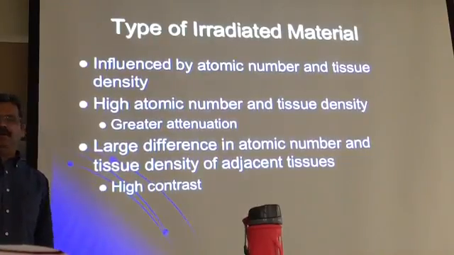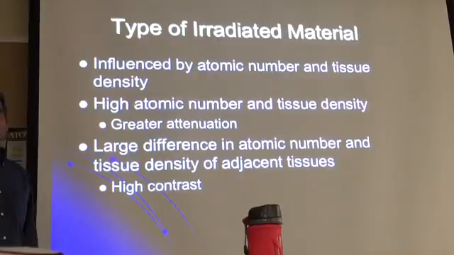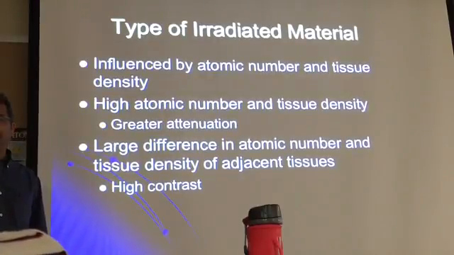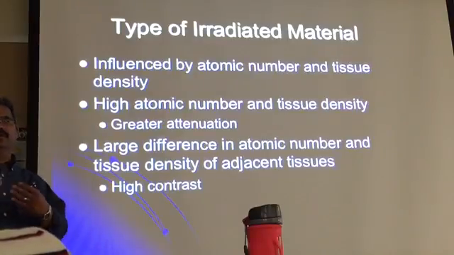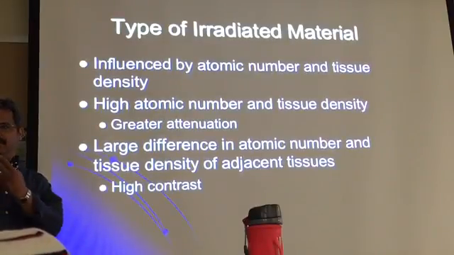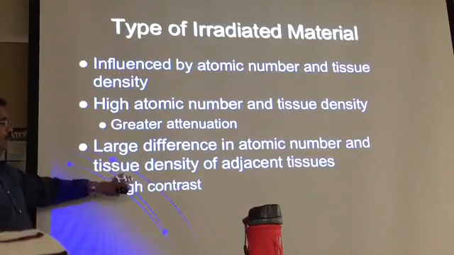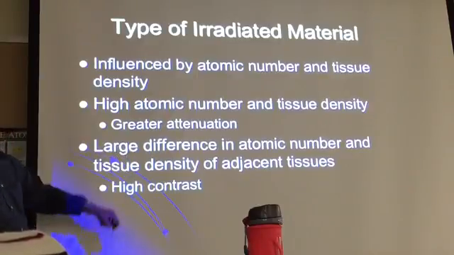Now someone has a piece of plastic, a piece of rubber. Difficult to see because the tissue density between soft tissue and the rubber is going to be very similar. Difficult to see it. Okay, and so it's very important what type of material you have.